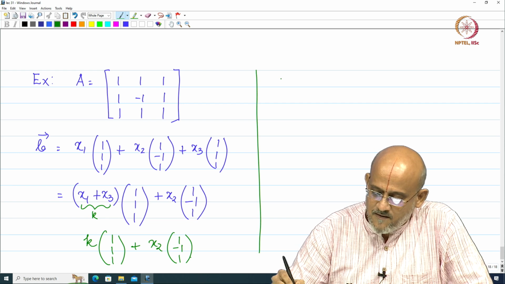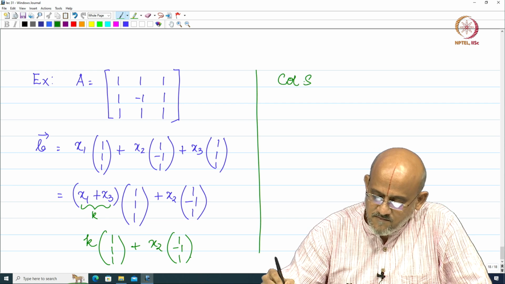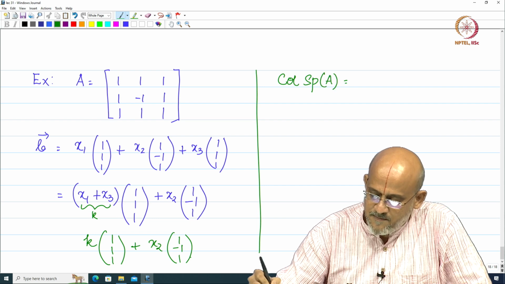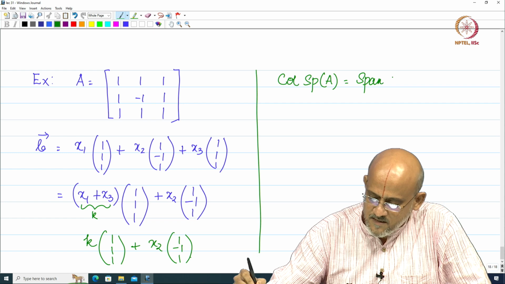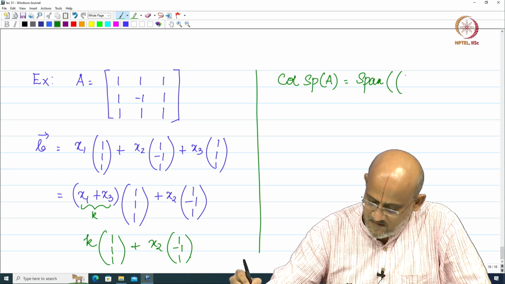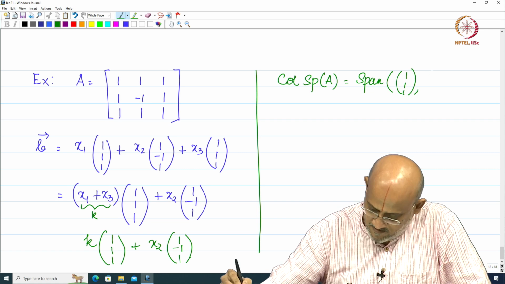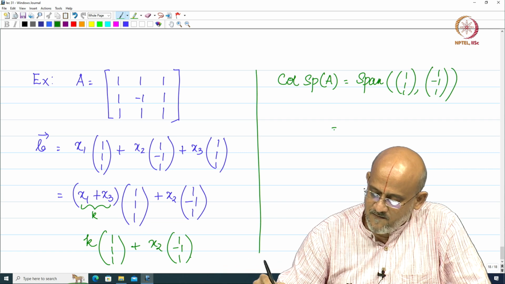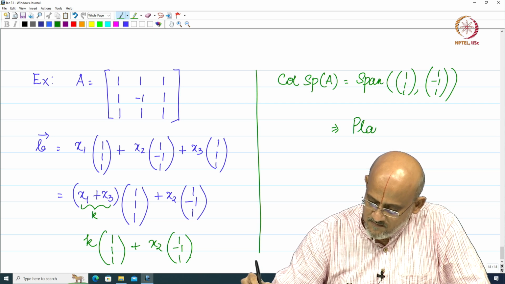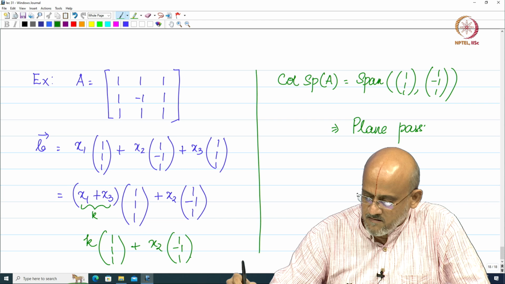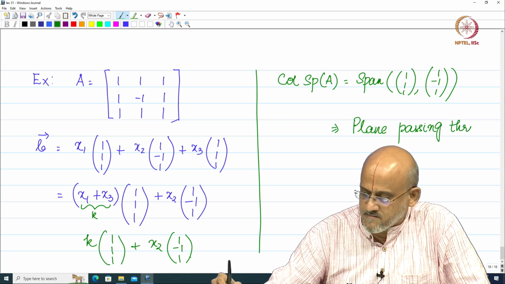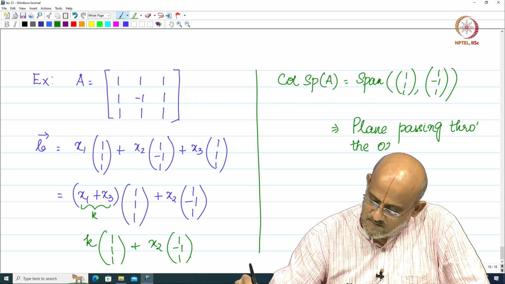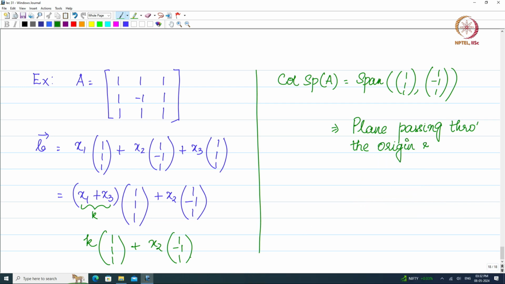Therefore, we are going to say the column space of A is basically the span of these two vectors, (1, 1, 1) and (1, -1, 1), which is nothing but a plane passing through the origin, defined by (1, 1, 1) and (1, -1, 1).